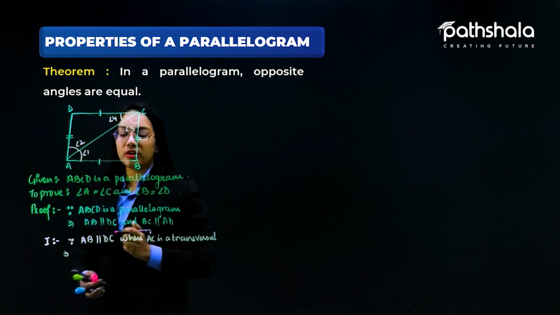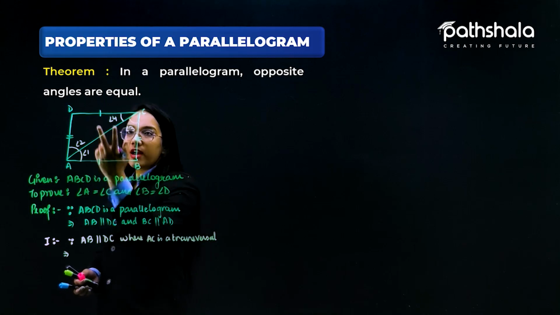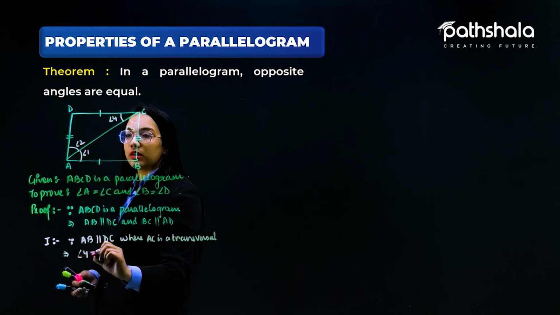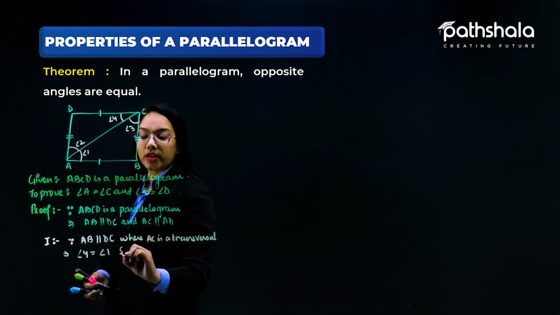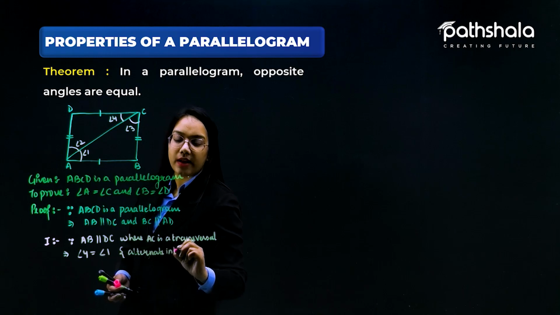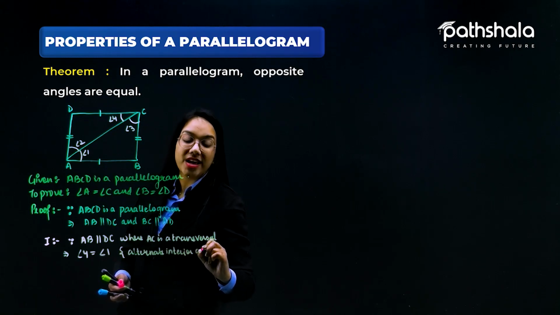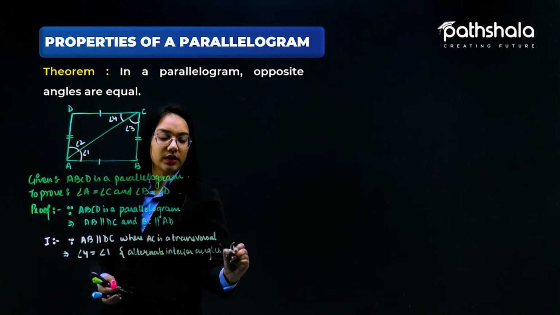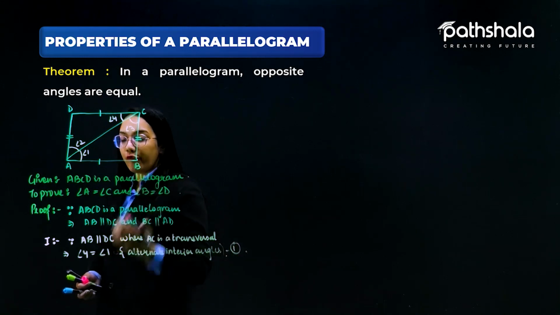If AB and DC are parallel to each other, then angle 4 is equal to angle 1. Why? Because they form a pair of alternate interior angles, and alternate interior angles are always equal if we have two parallels and a transversal. Let me call this equation 1.